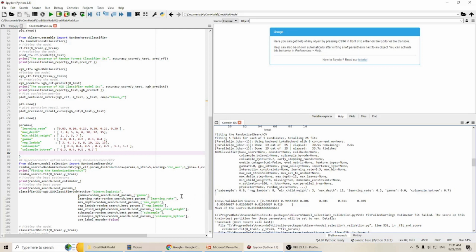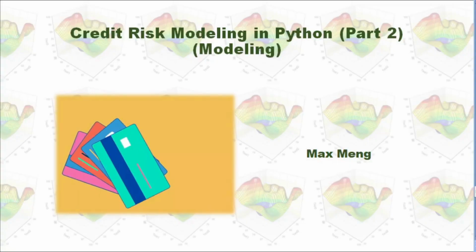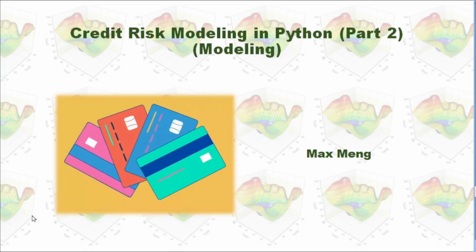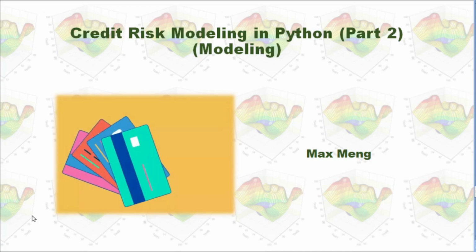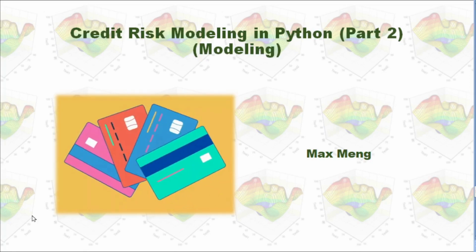And then I run the model, and also I did cross-validation. The mean of the score is 0.81. So this is pretty good for our model. This is how I can use the credit data I showed in my previous video to build a credit risk model.